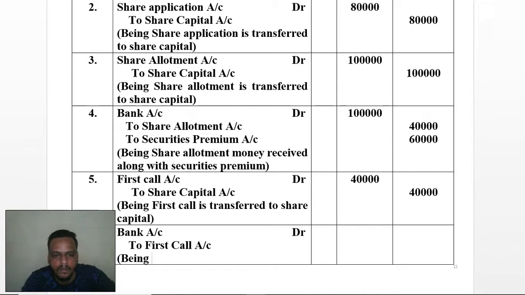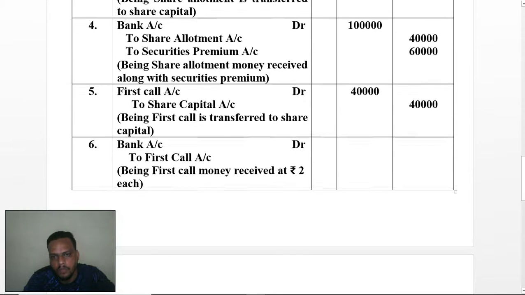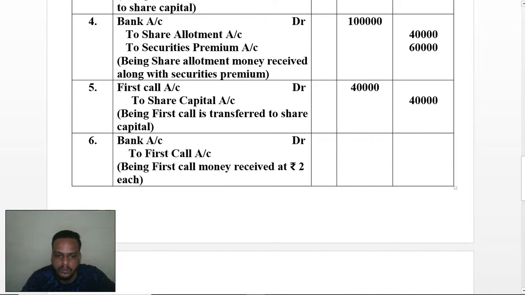Being first call money received at rupees 2 each. Amount will be as 40,000 for both sides. 40,000, 40,000.